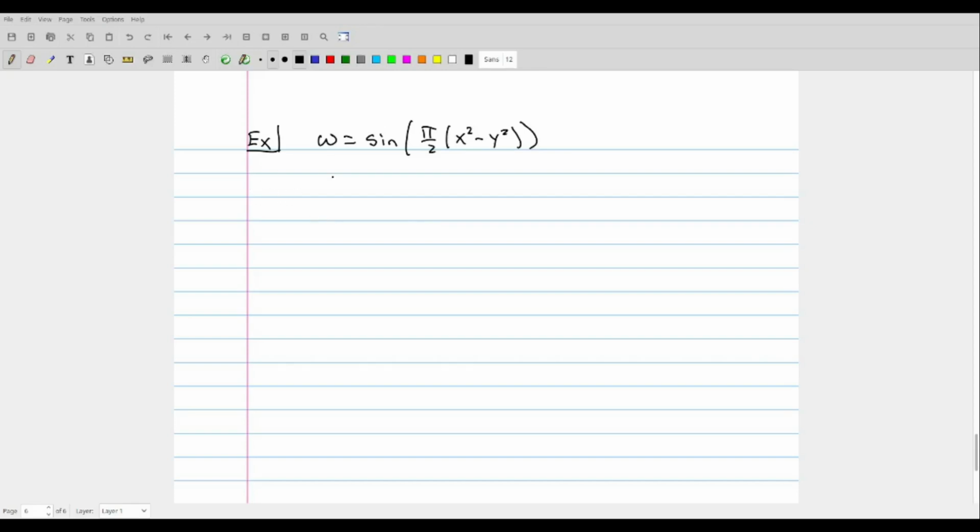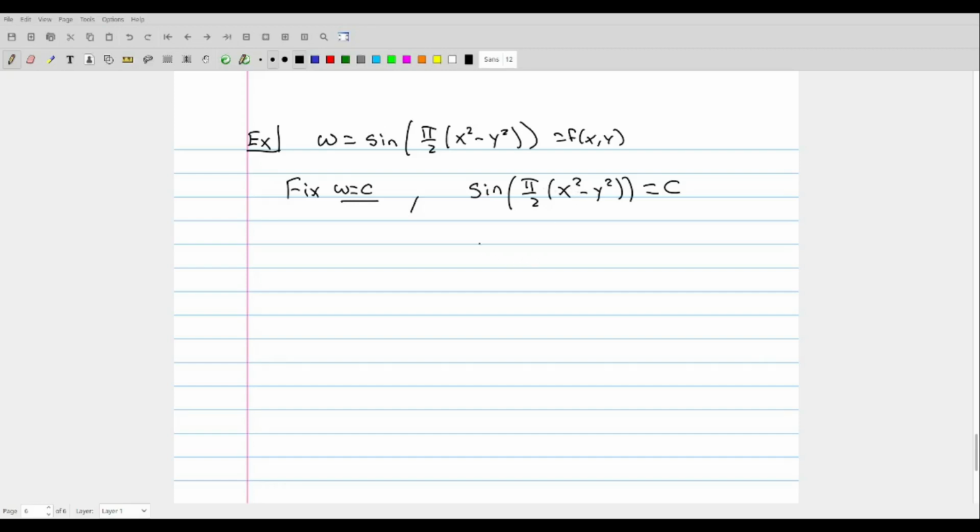To find the level curves, the topographical curves, we fix w equal to c, which gives us the equation that our function, this is our function in this case, is sine of pi over 2 times x squared minus y squared. And if that is fixed at some c value, then we can actually solve for x squared minus y squared here.